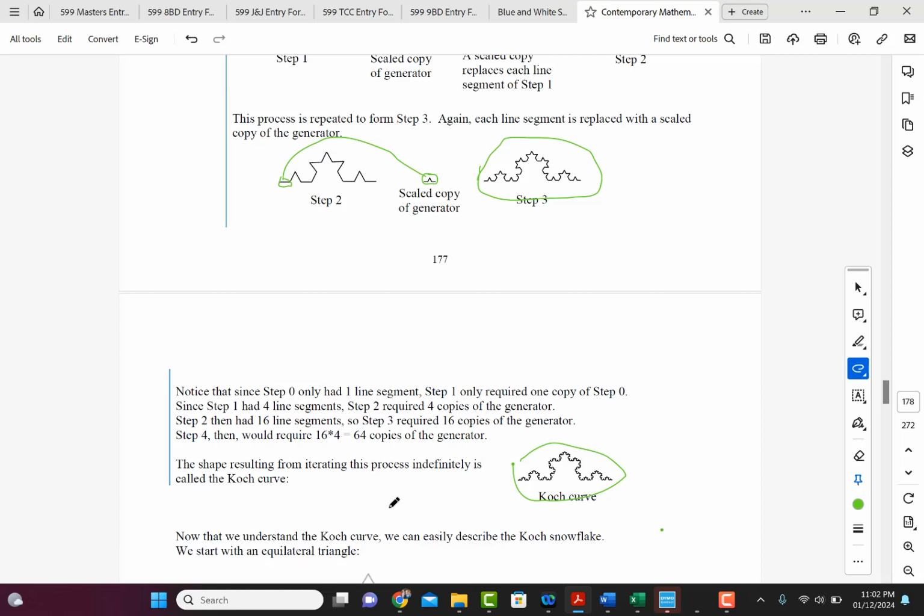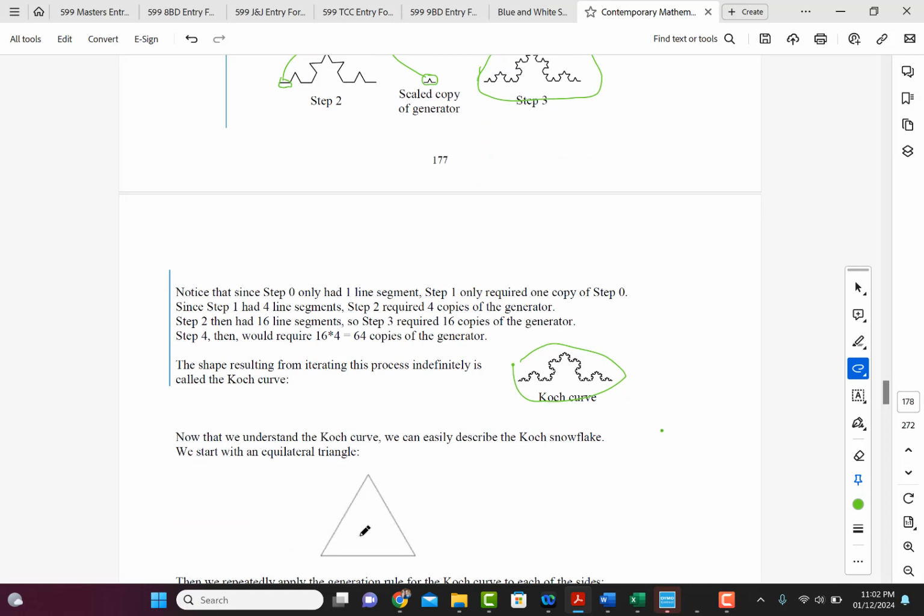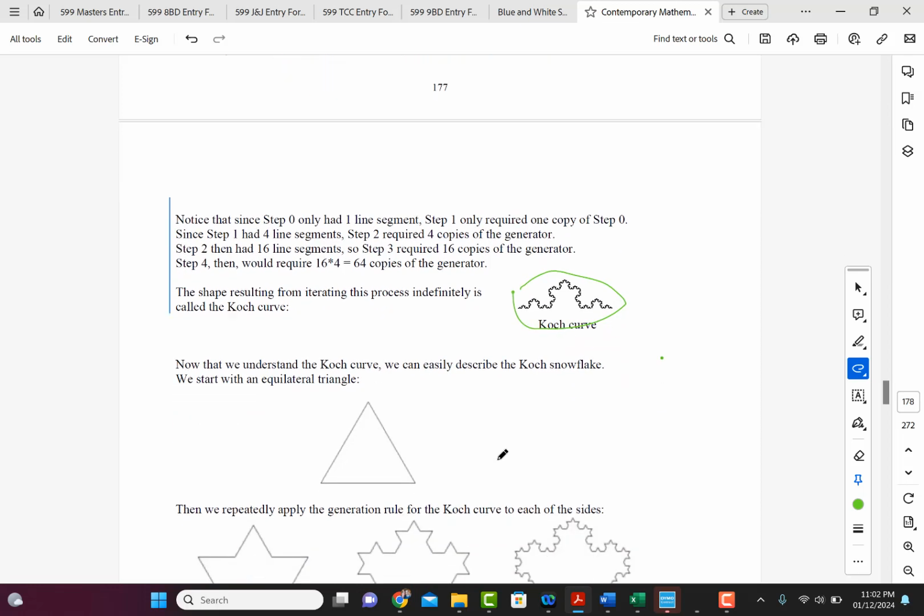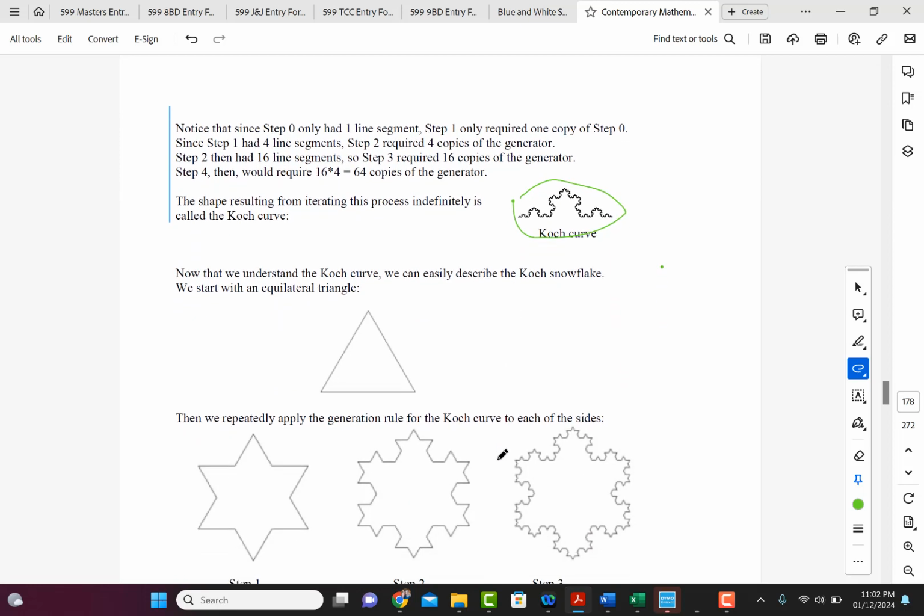Now that we understand the Koch curve, we can easily describe the Koch snowflake when we start with not just 1 line segment, but an equilateral triangle. On each side of this equilateral triangle, we're going to start doing the Koch curve with the generator. So on each side, as you can see, when we do 1 iteration, we get this. And then 2 iterations, we get this.